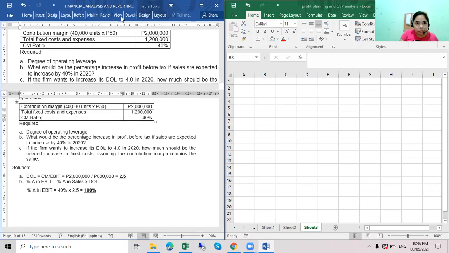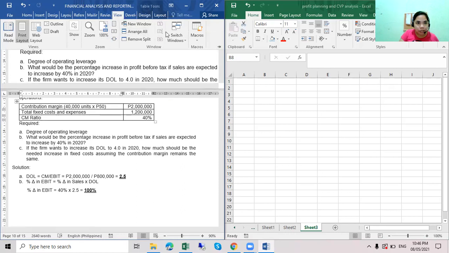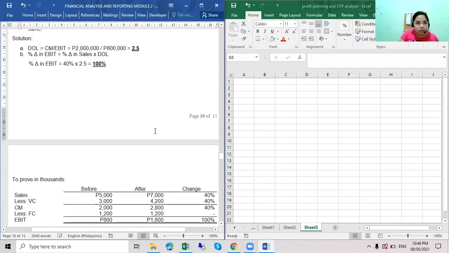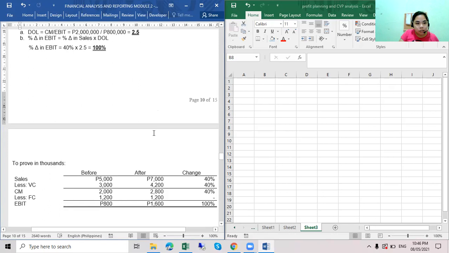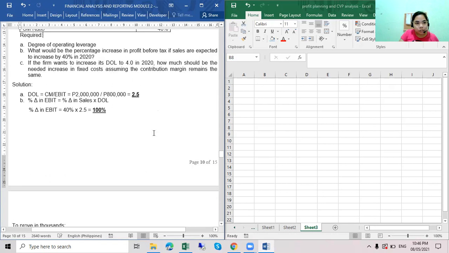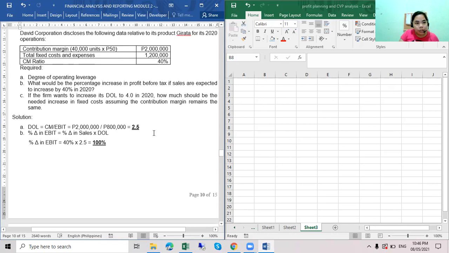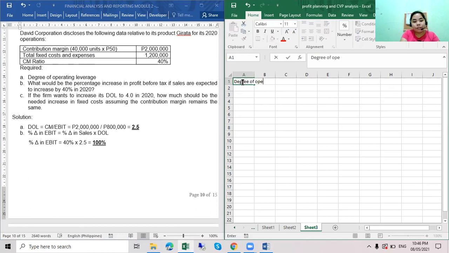Anyway, we will see everything. So DOL is degree of operating leverage.